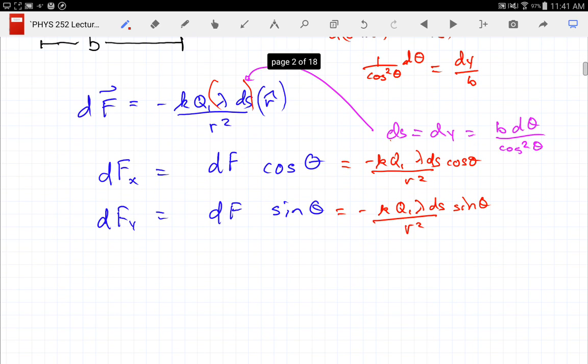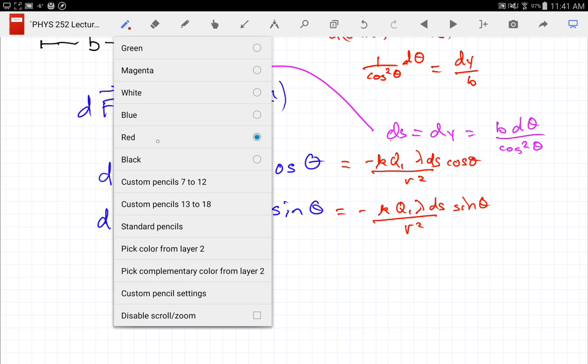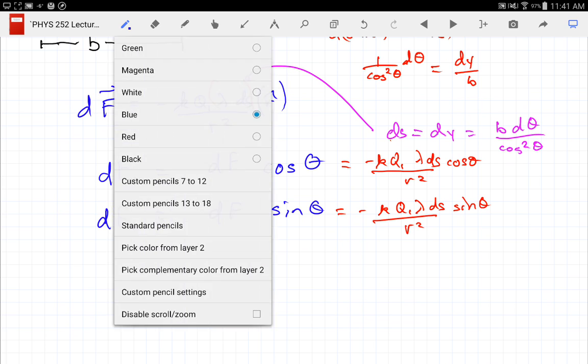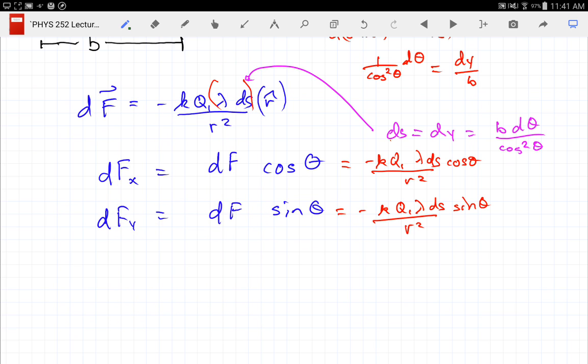So now let's see where that gets us, continuing on stuff that we haven't written down before. Where that gets us now is dFx is equal to minus kq1 lambda, and then instead of ds, I'm going to put in b d theta over cosine squared theta.